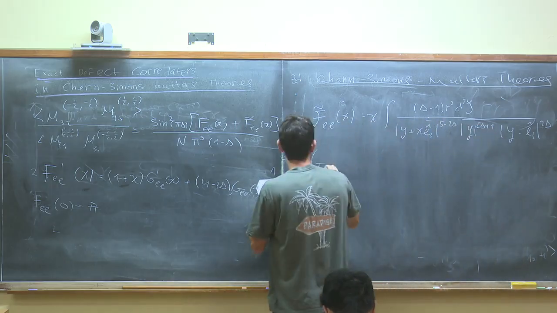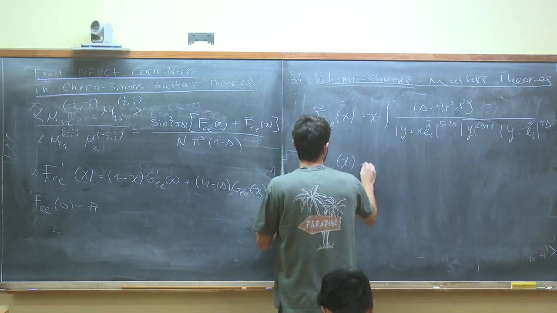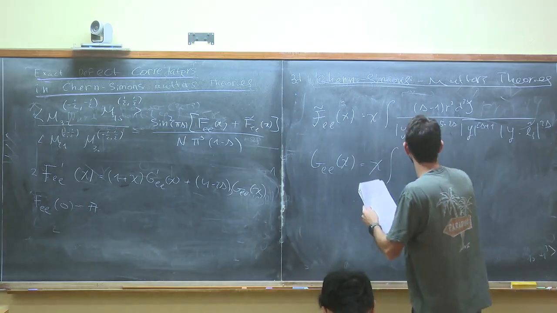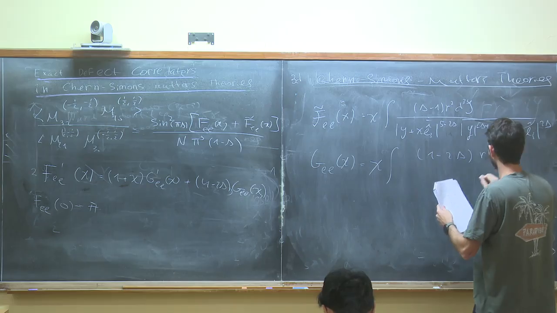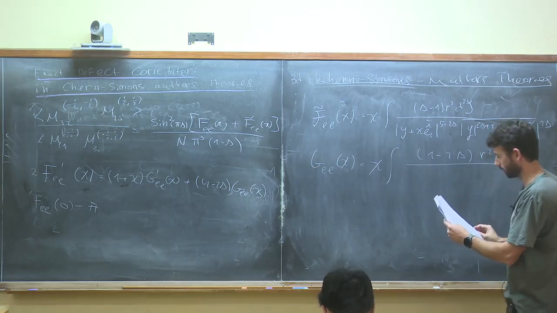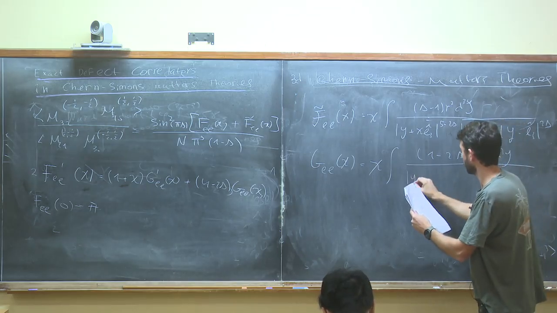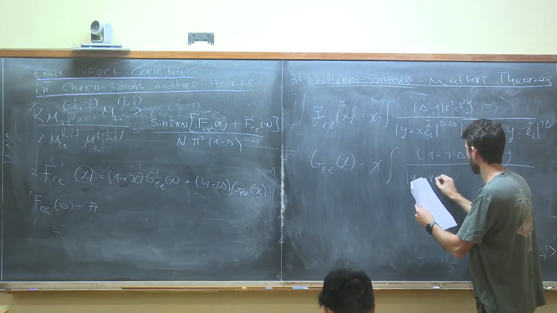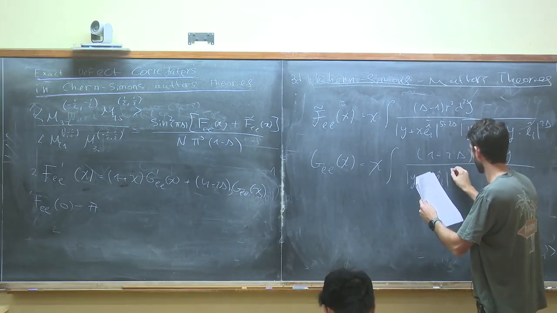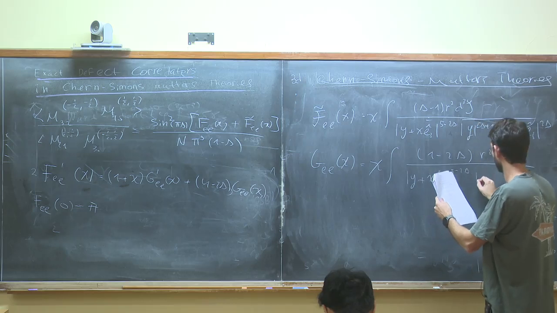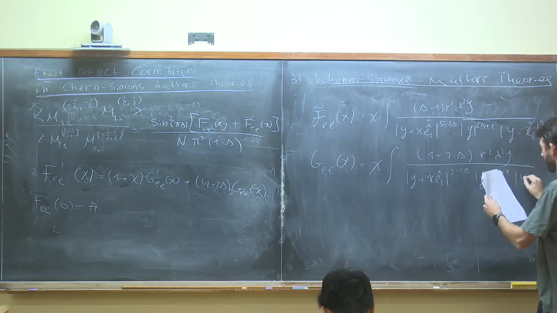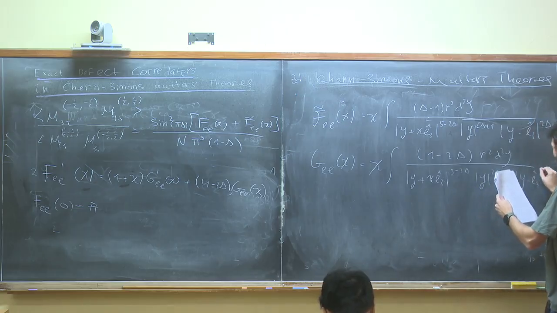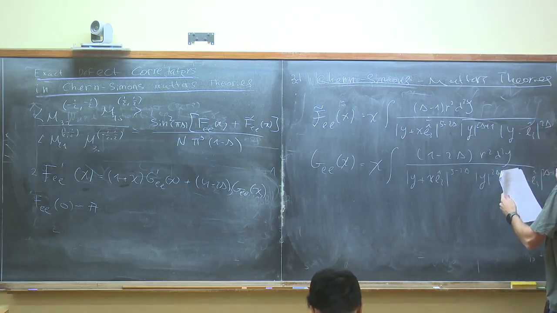And g_E is very similar. It's 1 minus 2 delta times the integral of dy, derivative divided by y plus chi, e3 to the power 5 minus delta, y to delta plus 1, y e3 to delta plus 1.